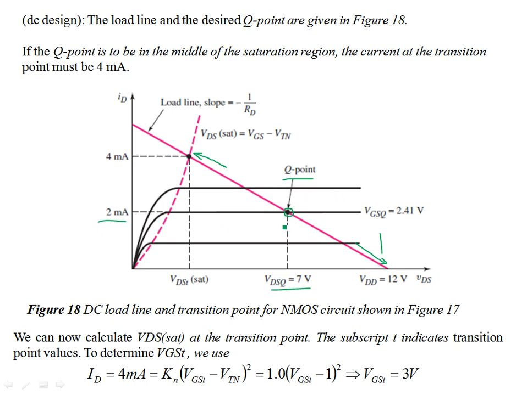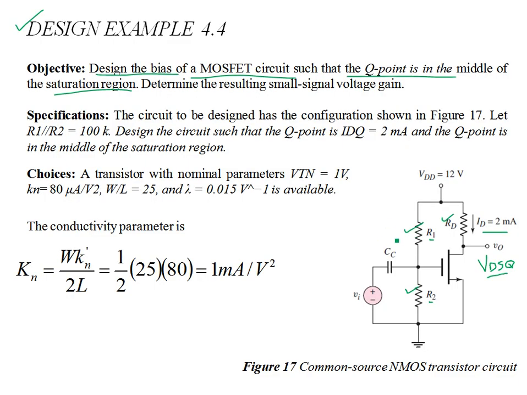In the saturation region, the intersection of the load line with the IV curve should be such that this point lies in the middle of the non-sat region. This is the non-sat transition point and the cutoff point, and between these two points we are supposed to have the Q point. So let's find the biasing resistors which can guarantee the Q point lies in the middle of the load line, between the non-sat transition and the cutoff.